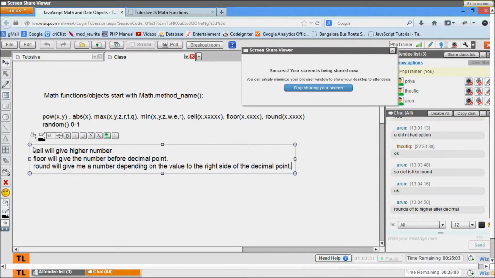Like for instance, if that number is less than 0.5, then it applies floor. If it's greater than or equal to 0.5, it applies ceil. So it all depends upon the value on the right side of the decimal point.